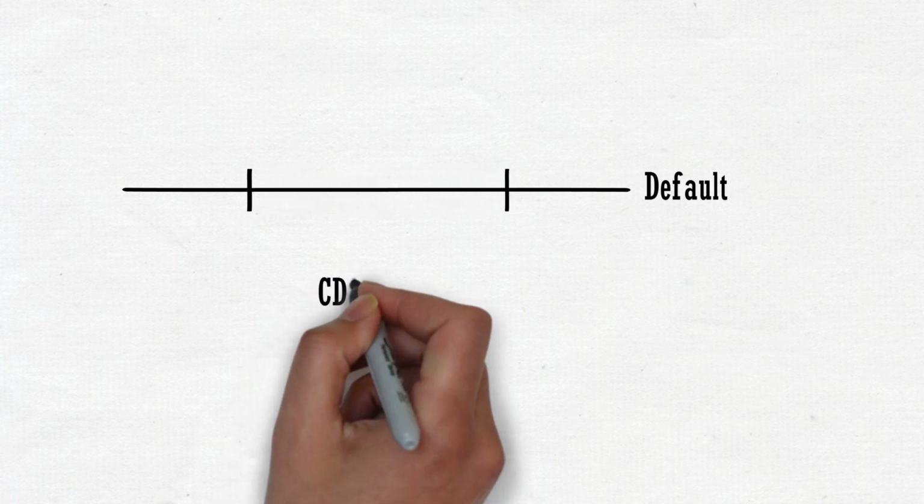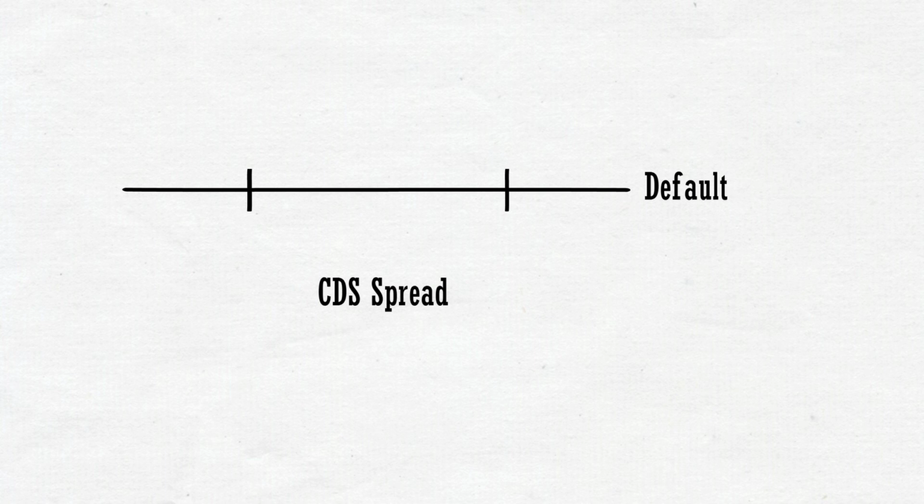Another way of looking at credit risk is it tells you how far a reference entity is from a default. And over time, as the credit risk increases or decreases, so does this distance to default. So when a company inches closer to a default, its CDS spread widens, and when it moves farther away from a default, its CDS spread narrows.